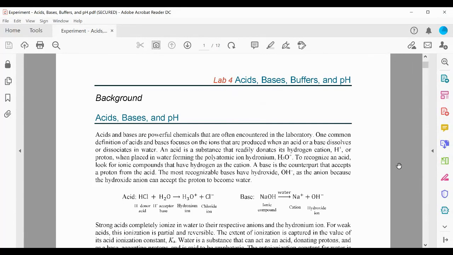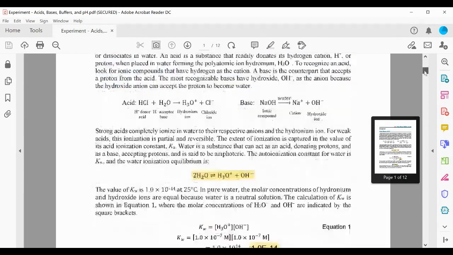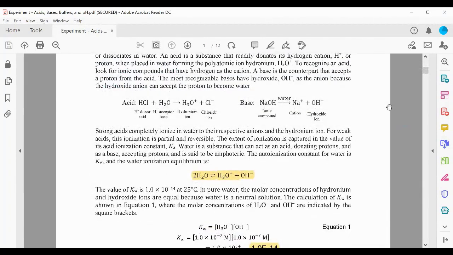So the first thing that we see when we start reading the write-up of this experiment, in the background, we see here two equations. The first equation is hydrochloric acid that reacts with water to donate a hydronium ion and chloride.